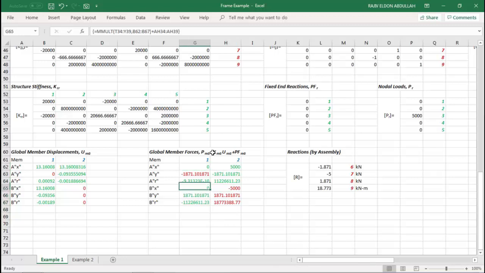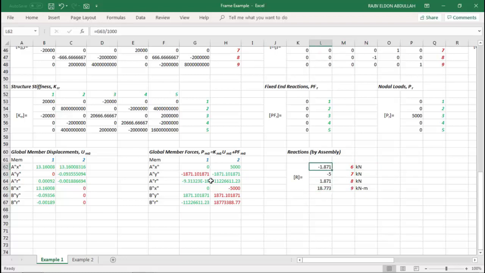After getting these values, obviously these are quite large. This is very small. This is 0. I'd like to mention that the values here are in terms of Newton and millimeters. So when you do assemble your reactions, again, you just get these values from PMG here. We can convert them to kilonewtons, so that the values look better.